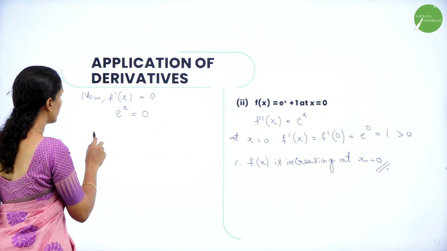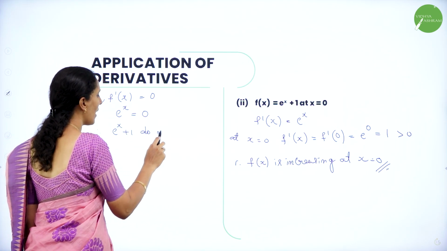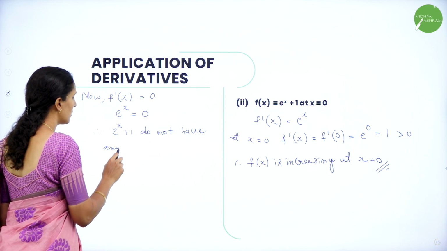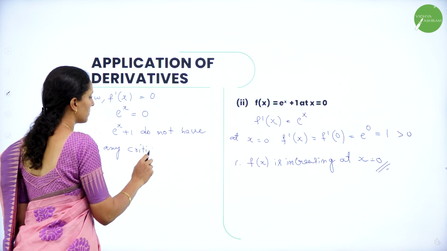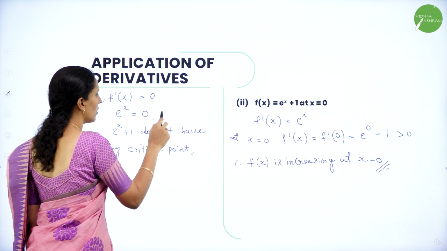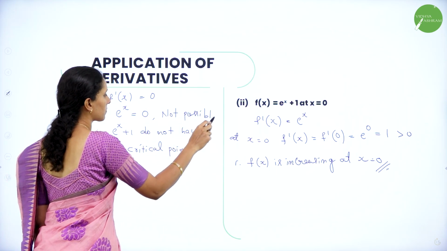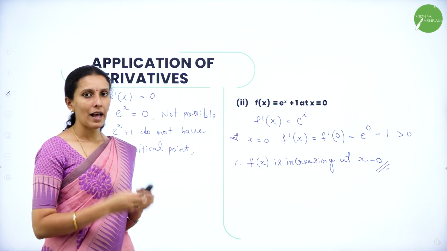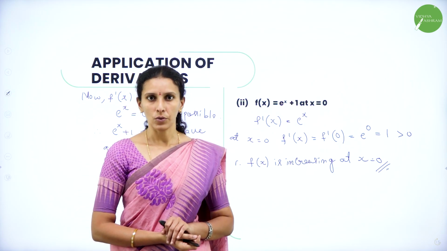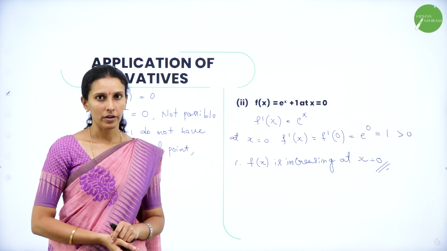So therefore, e power x plus 1 does not have any critical point. Why? Because it is not possible. For any real number, the exponential function can never become 0. So therefore, a critical point does not exist for the given function.